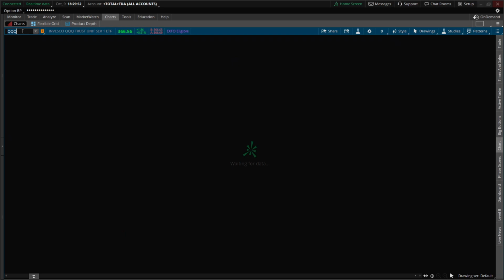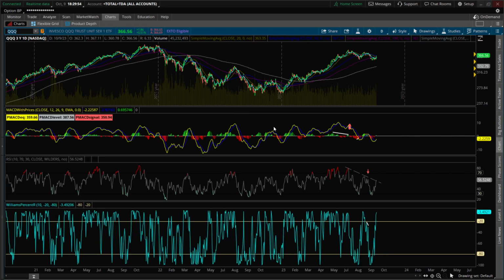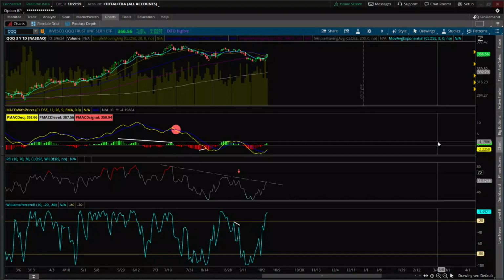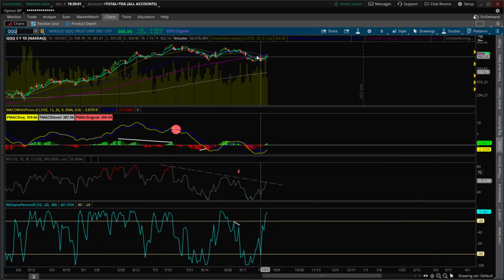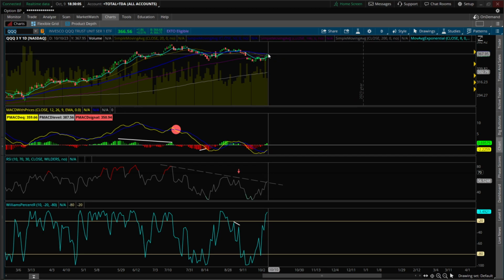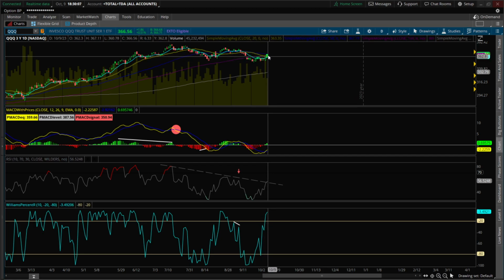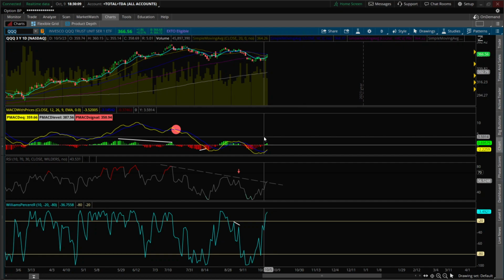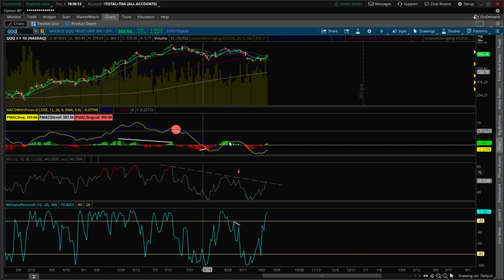So QQQ, very similar in the fact that we're getting into our moving averages. We're already at the 50-day simple moving average, pushed off the 8 EMA, so we're sandwiched right in between, trying to get that cross here. We did get a little bit of a cross, but we're still in a downtrend. We're in bearish territory.